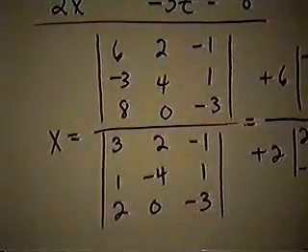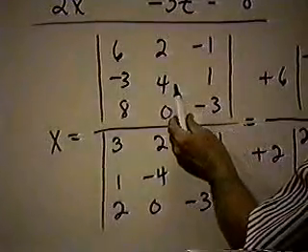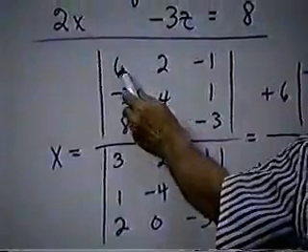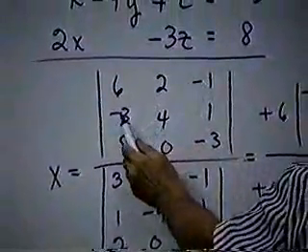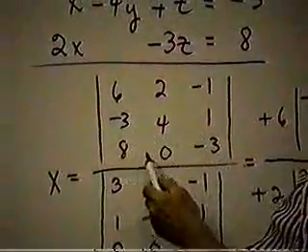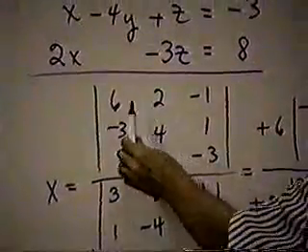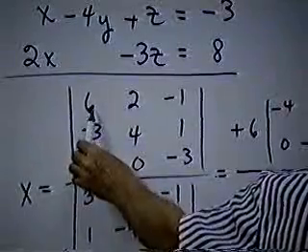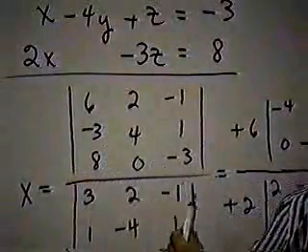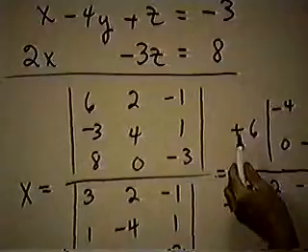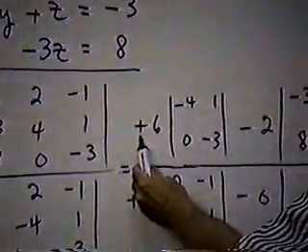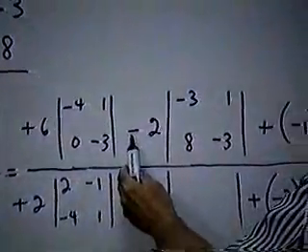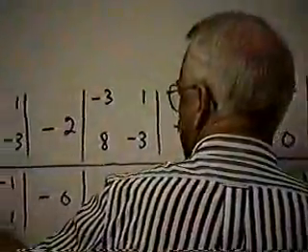Noticing in your notes, at the top corner of the page, we have what are called the cofactors: plus, minus, plus, minus, plus, minus, plus, minus, plus. Start at this corner and go plus, minus, plus. Starting here and coming down, you start plus, minus, plus, and continue that pattern. Those are the cofactors. That's going to be this plus or minus sign that I'm going to place out here, and then I place it here, and so on down, as you can see in the notes.